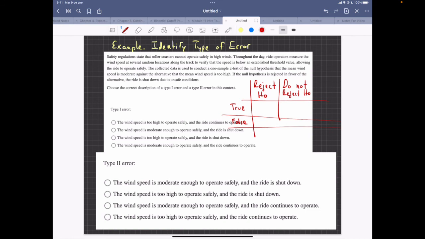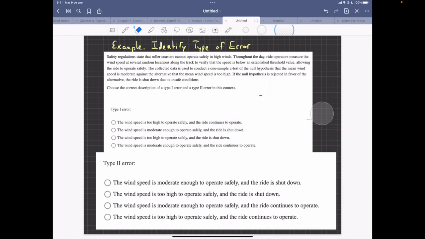I'm sorry, let me put it here. True, false, reject H null, do not reject.